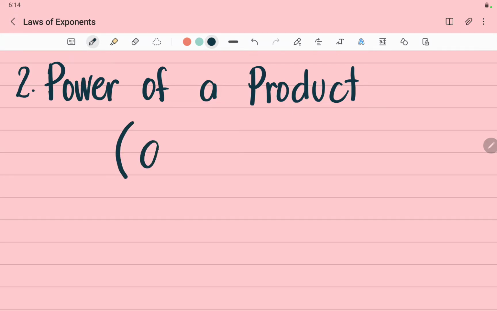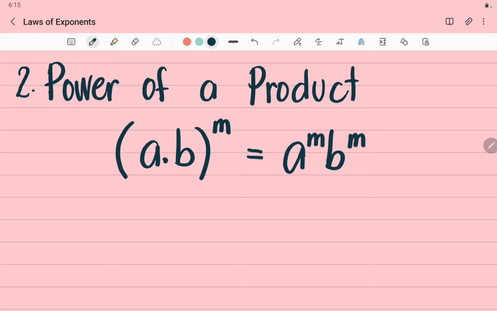The quantity a times b raised to any power or exponent m is equal to a raised to m times b raised to m. What can you notice? It's hard. Okay, let's have another example.